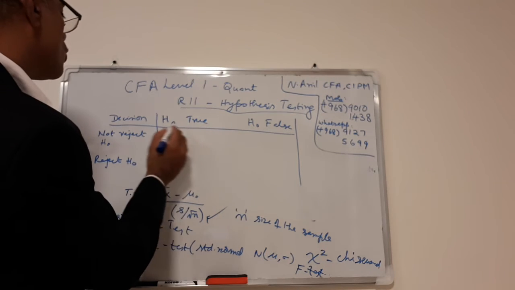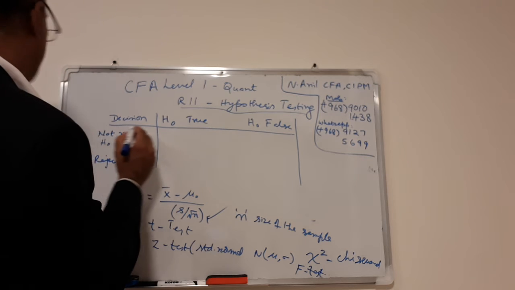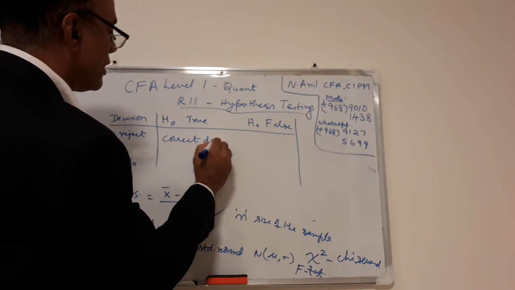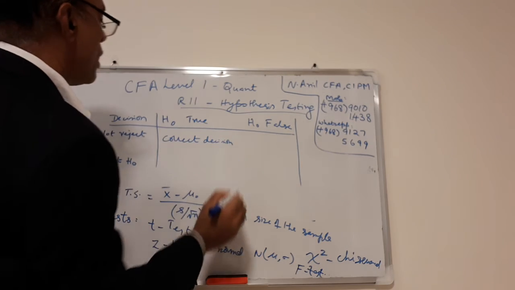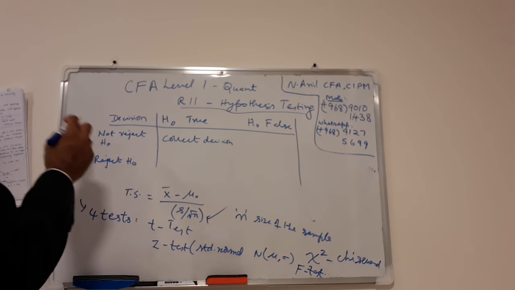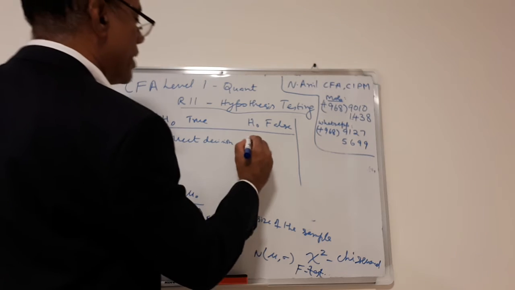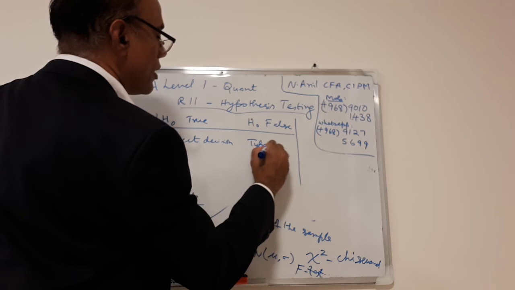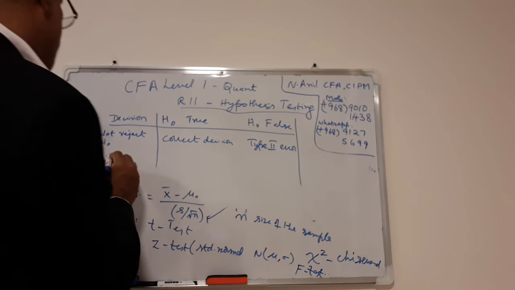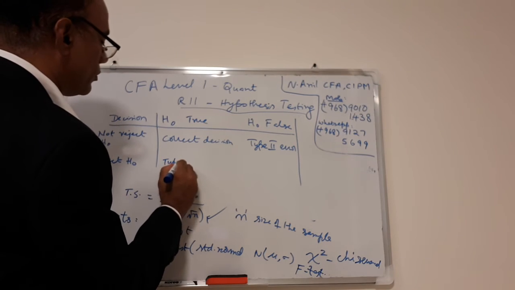When H naught is true and he or she does not reject H naught, this is a correct decision. If H naught is false and he does not reject it, means he accepts H naught, this is a type 2 error. And he rejects H naught when H naught is true, this is a type 1 error.